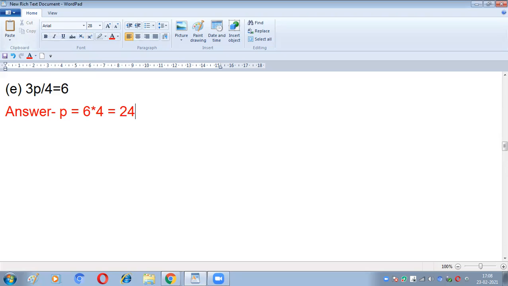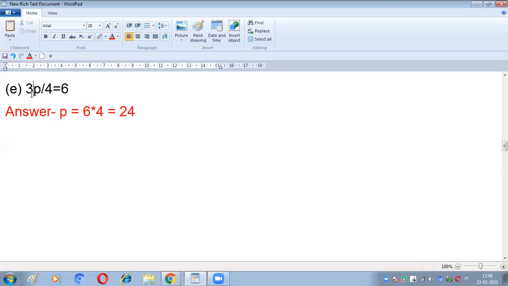Okay, 24. So we have to not use this number first. We have to always use this number at the last, because this number is carrying a variable. So at the last we can touch this variable number, but in the starting we can't touch it.